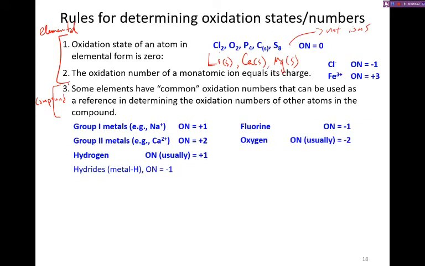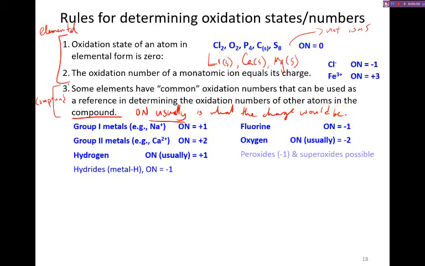Oxygen usually has an oxidation number of -2. And so you'll notice that in these cases where we're talking about compounds, the oxidation number usually is what the charge would be if it were an ion. And we'll talk about the exceptions to that in just a moment.